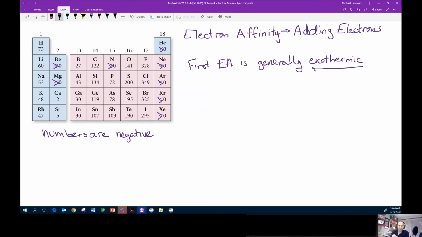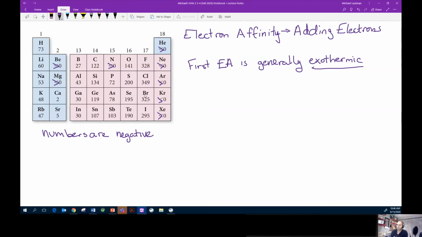Okay. So, and there isn't really a great trend. So I'm not really going to ask you about trends in this. But what we do overall see is that it's more exothermic for nonmetals to accept electrons.